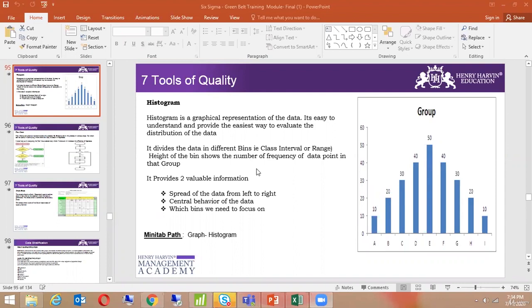So a histogram tells me the overall spread, the class intervals, which are also known as bins, and the central behavior of the data, where my central tendency is, and also the spread from left to right. This is a very good tool if you have certain categories and want to look at which of the categories to focus on.